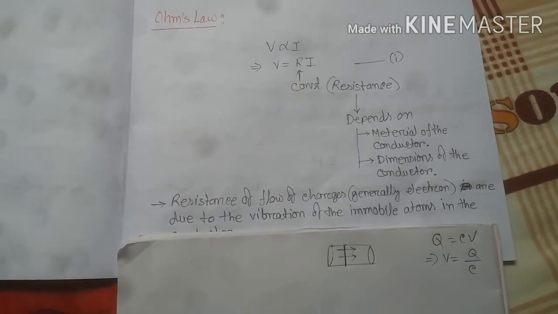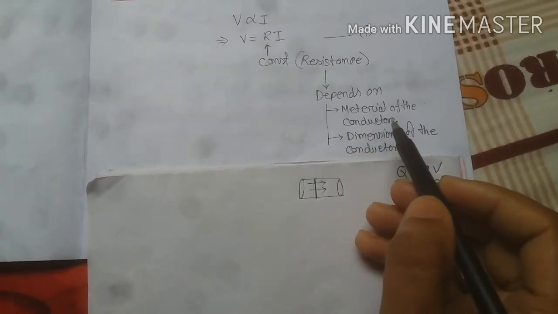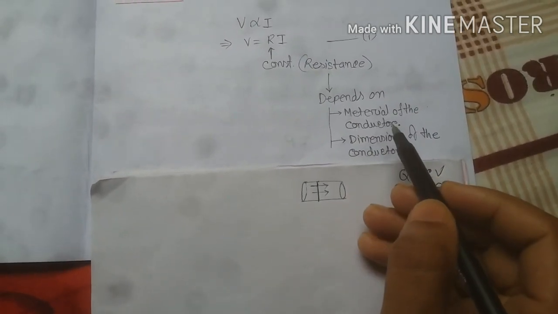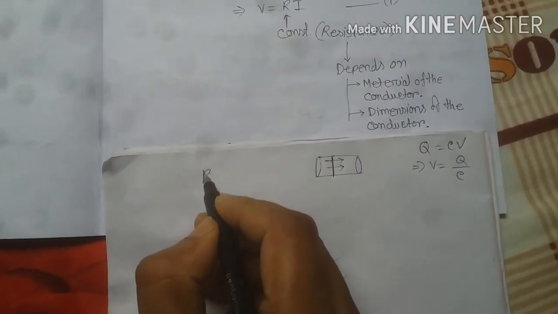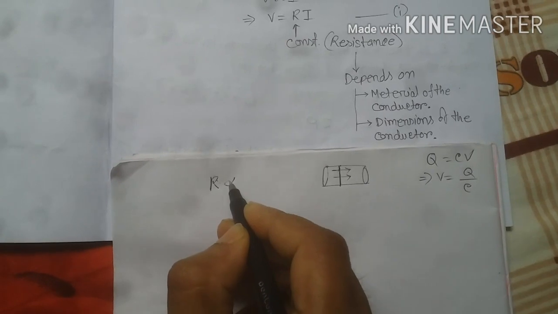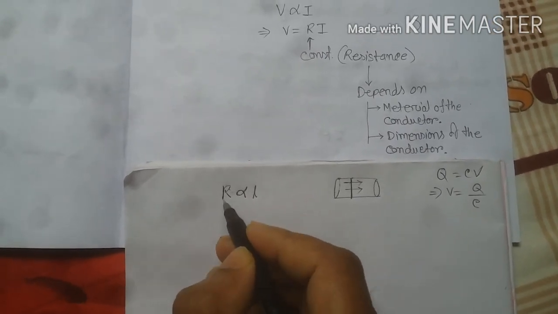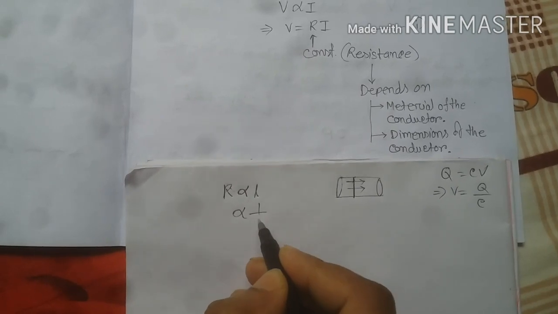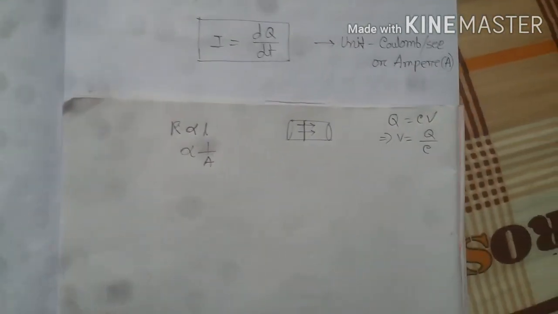Now if we discuss the dependence of this resistance, if we fix the material of the conductor and only change the dimension, then this resistance R is proportional to the length of the conductor. If length is increased, the resistance will also increase, and it is inversely proportional to the cross section area of the conductor.